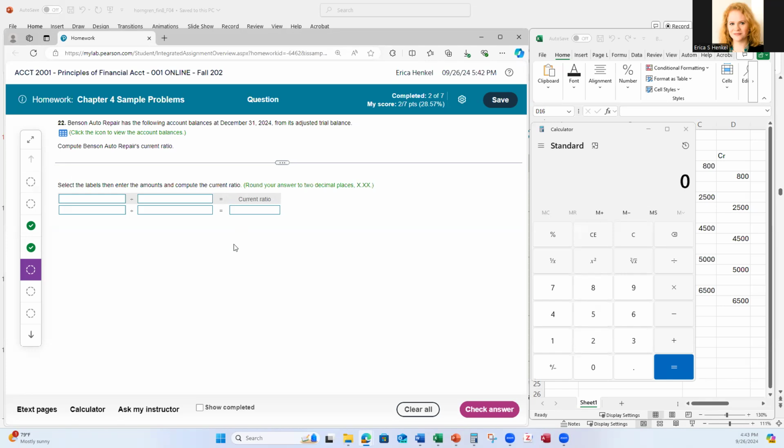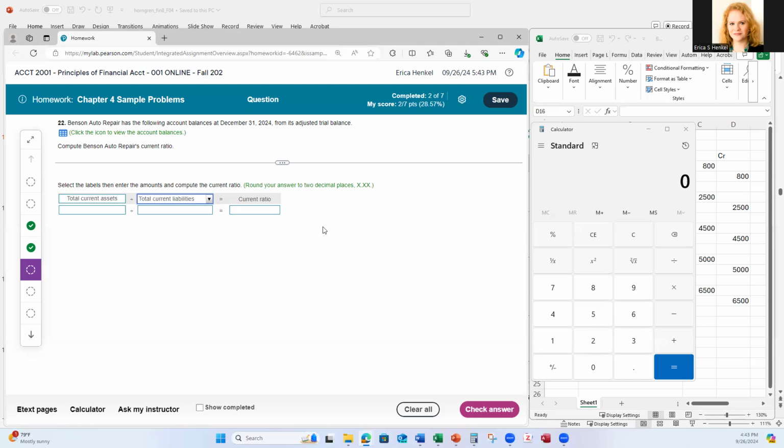Now the formula for the current ratio, we take our total current assets divided by our total current liabilities to get our current ratio.